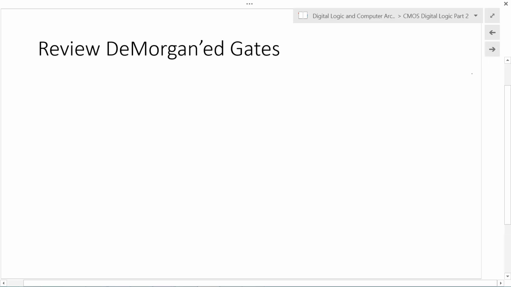So we also have De Morgan's law applied to gates. Let's take a look at our NAND gates. So if we have a NAND gate here, remember we can use bubble pushing to change the shape of the gate.